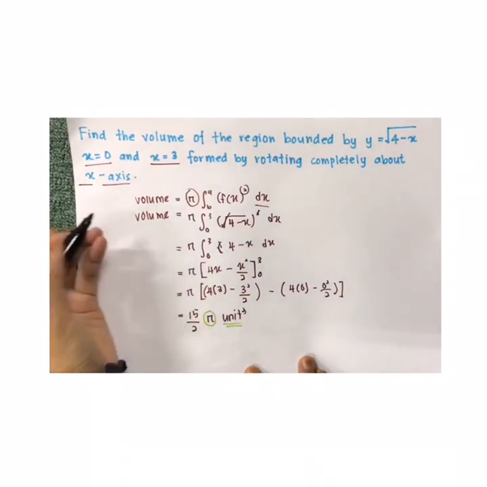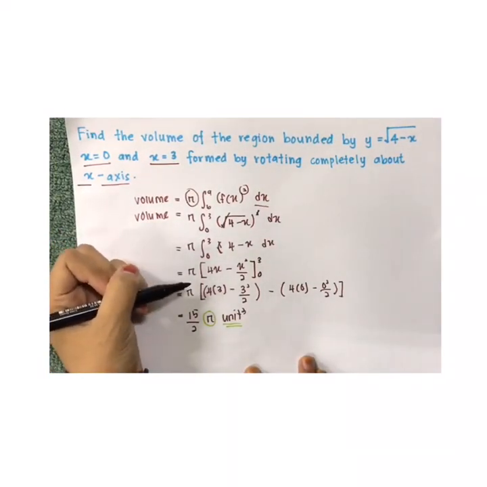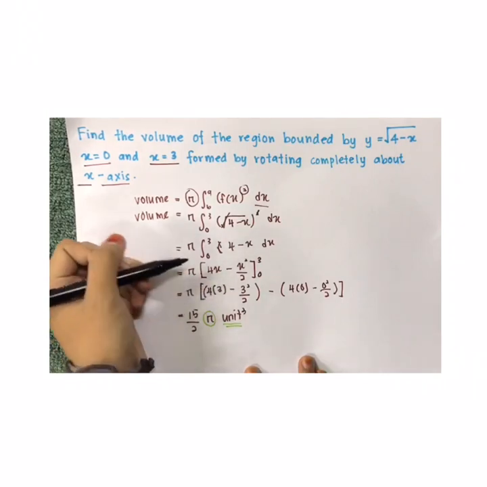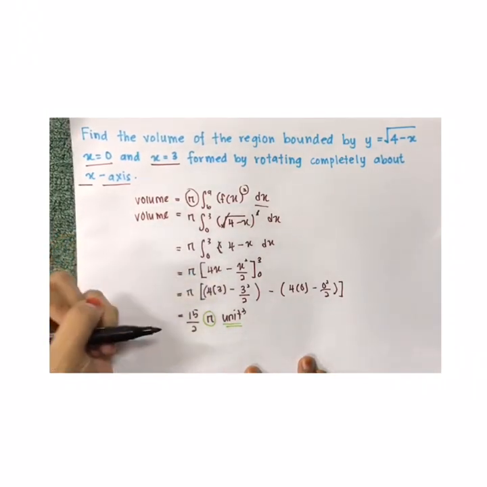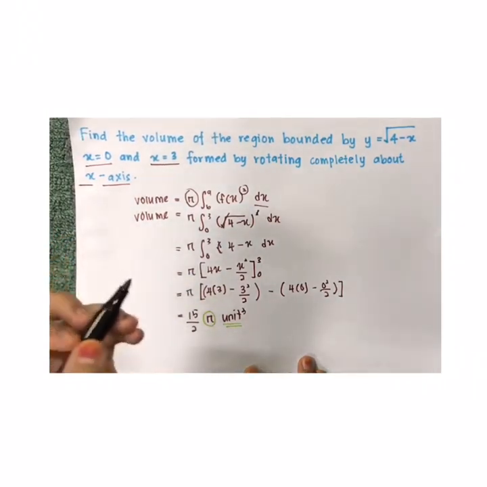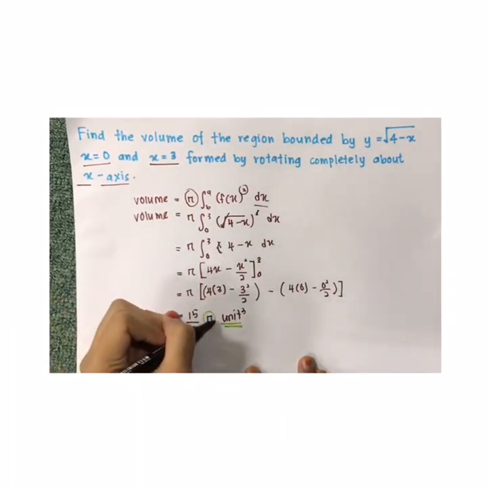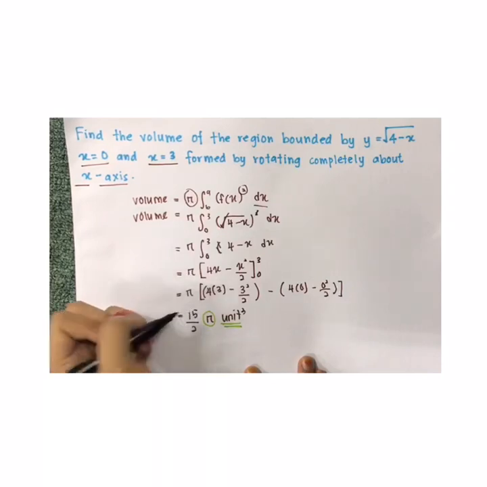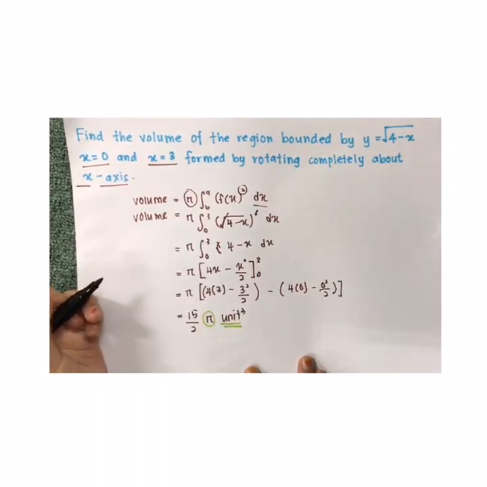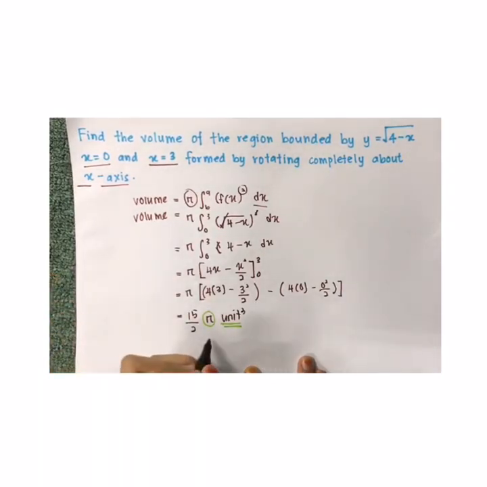We need to replace the x with the limit. Put the bigger number first, then we can calculate the value. After finish calculating, don't forget to put the unit and always write the pi with the value. So this is the answer.